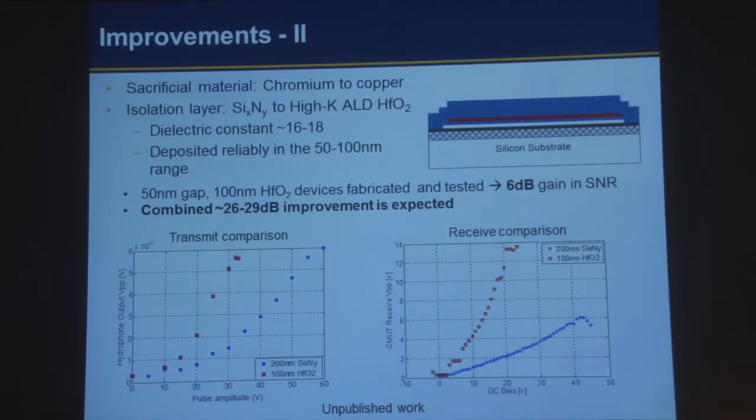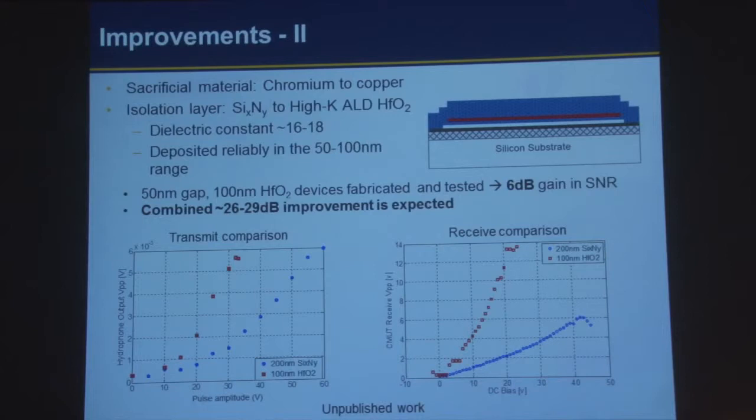You have a higher transformer ratio in your device. So at lower voltages, we get more than 2 times improvement there. Assuming that we are electronic noise limited, that also adds another 6 dB to our current SNR. We're talking about 26 to 29 dB improvements over what you have seen in that image, basically with these changes.